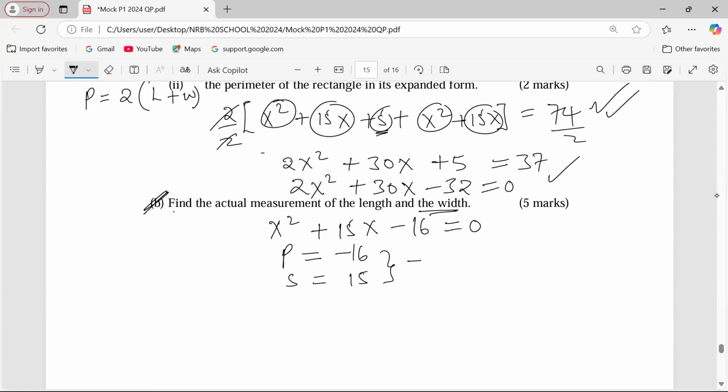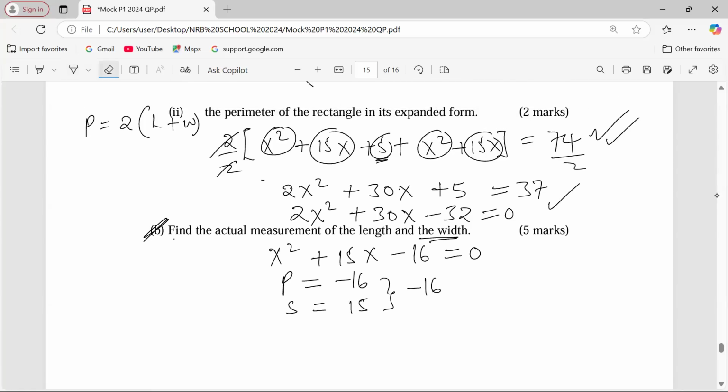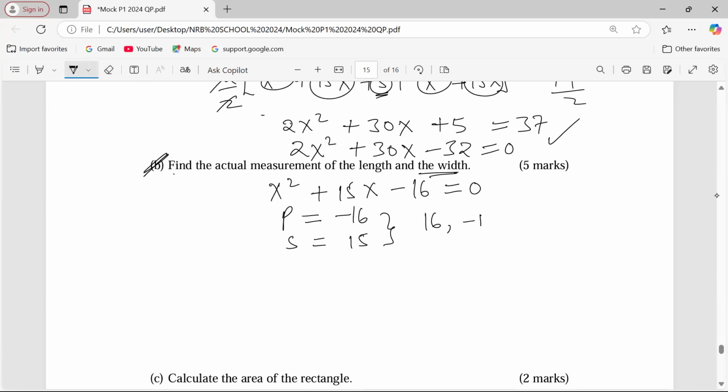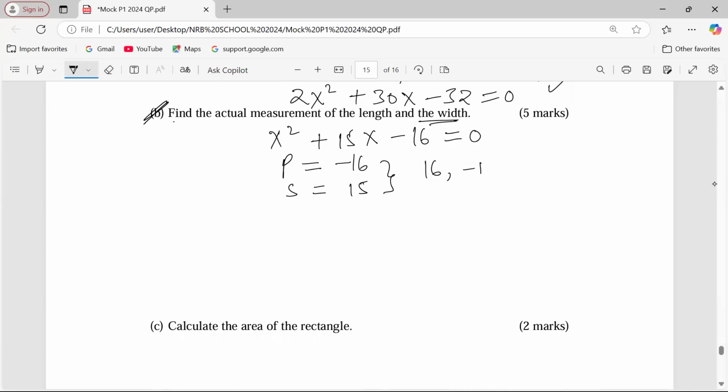So this is positive 16 and negative 1. Product negative 16, sum 15. So this is x squared plus 16x minus x minus 16 equals to 0.